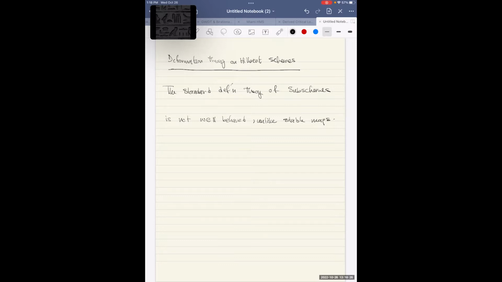This one does. So what does the Hilbert scheme do? We discussed it.